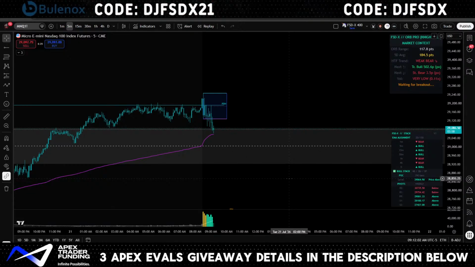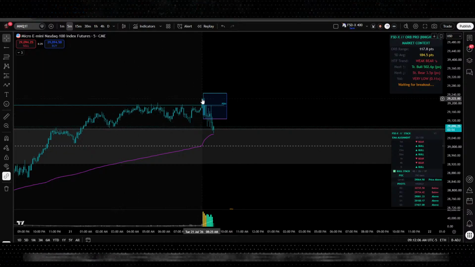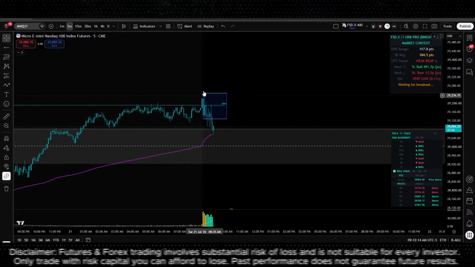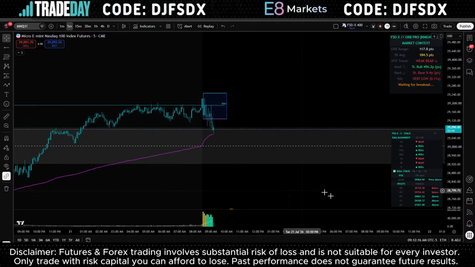But the fact that we had a failure, this is previous day high. We just kept bouncing. Failed breakout. Pretty much anyone that was trading this got cooked. Well, yeah, if you didn't wait for confirmation or full reversal.